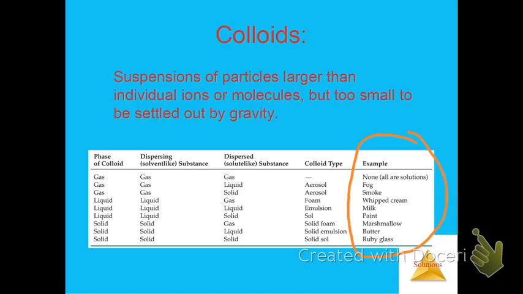And then look at all these other food products that you didn't realize are colloids. Whipped cream, milk. Milk is a classic colloid that you'll be working with in the lab. Paint is a colloid. Marshmallows, butter, ruby glass, and of course Jello. So all of these show you the different kinds of colloids. For instance, marshmallow is actually a colloid between a solid and a gas of all things, right?